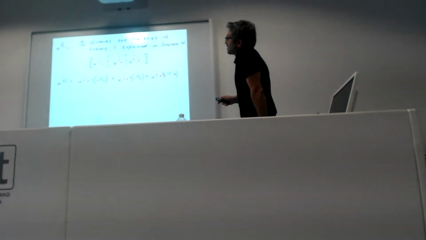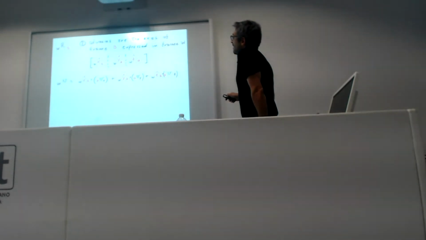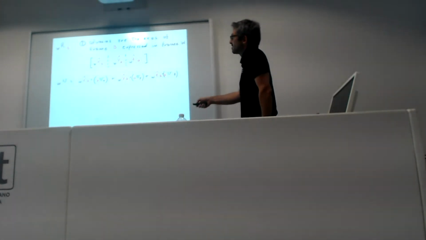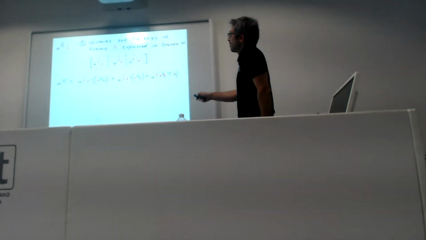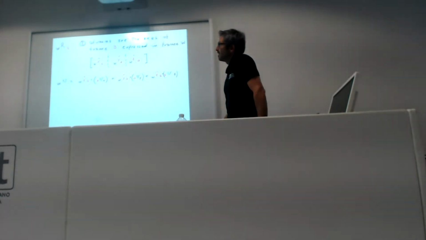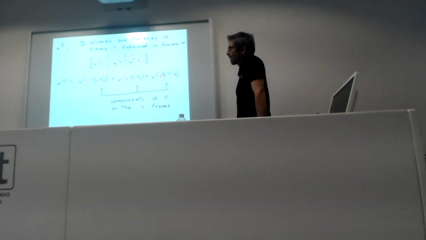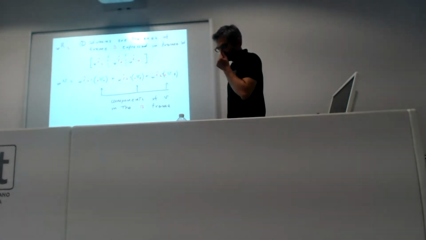The input is a vector in the base frame, and we multiply each axis times the scalar component in that frame. So the x-axis for the x component, the y-axis for the y component, and the z-axis for the z component. And the sum of all these ends up in a vector in the world frame.